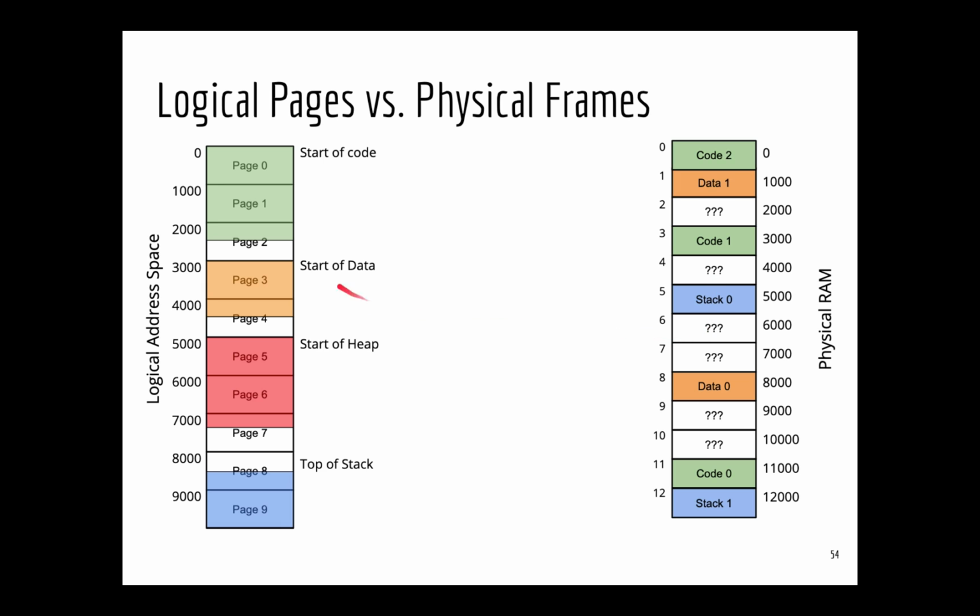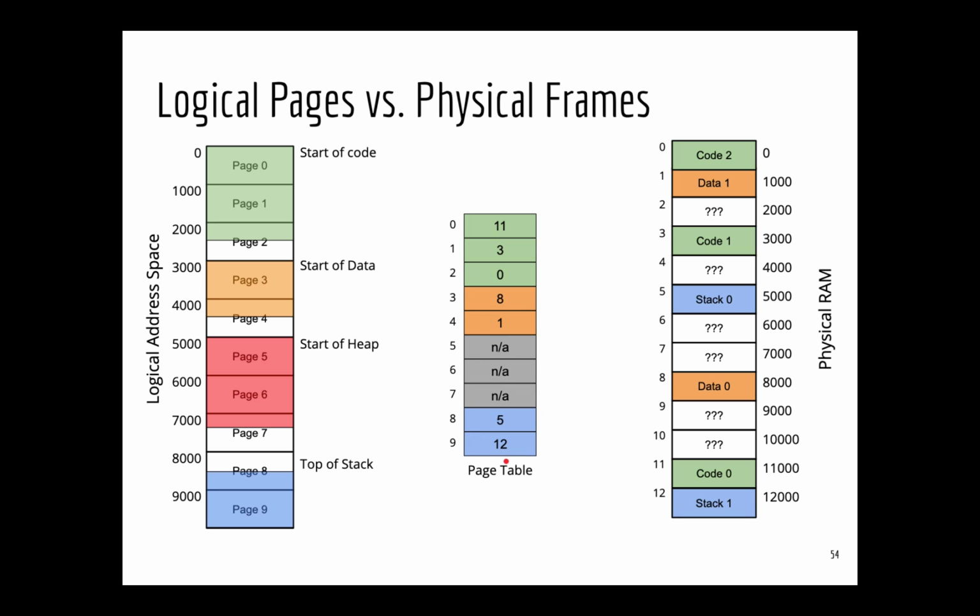So this diagram shows you 10 contiguous pages of a process, and we have 13 frames in the RAM, and out of 13, 10 of them are used by our process. So now somehow we need to tell the hardware how to find our frames.